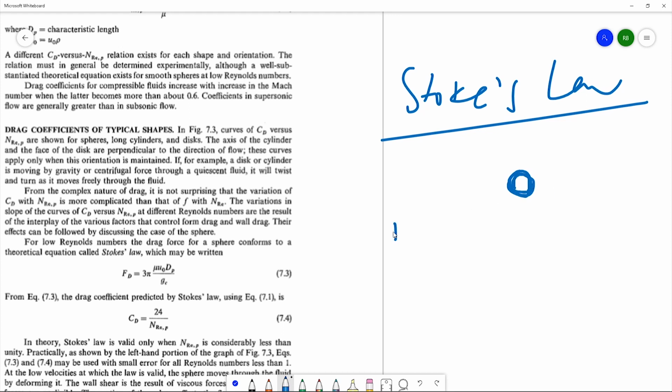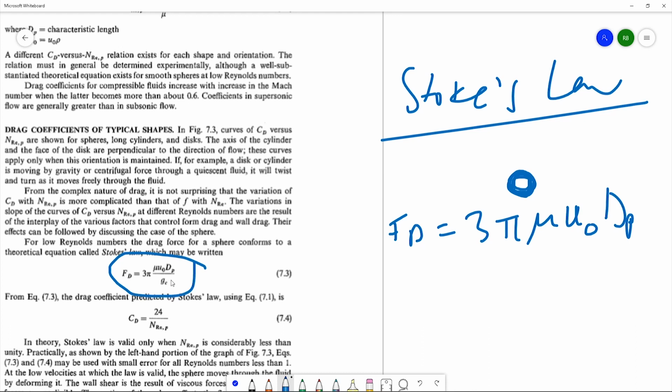The drag force Fd for a spherical particle is given by Stokes law, that is 3 pi mu u naught into the particle diameter dp. Ignore this gc part; gc is equal to 1 for SI units, and for British units it takes some other value.